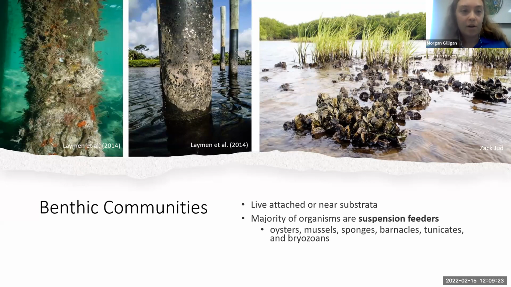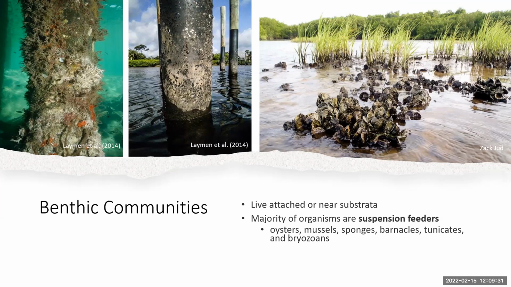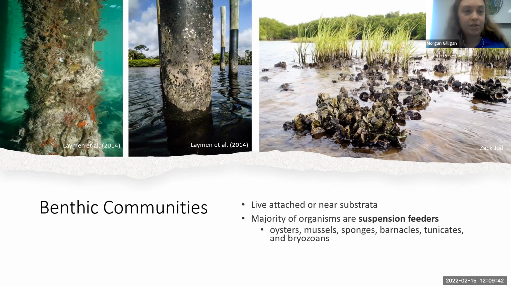So ultimately, they are cleaning the water and also creating nutrients for organisms that live on the bottom topography and creating fine grain sediments through their feces and pseudofeces. Some popular ones you may know of are oysters, mussels, sponges, barnacles, and tunicates, which are your sea squirts.